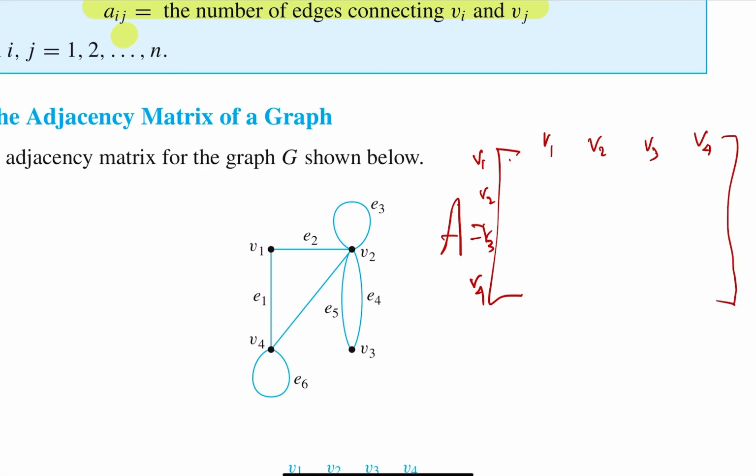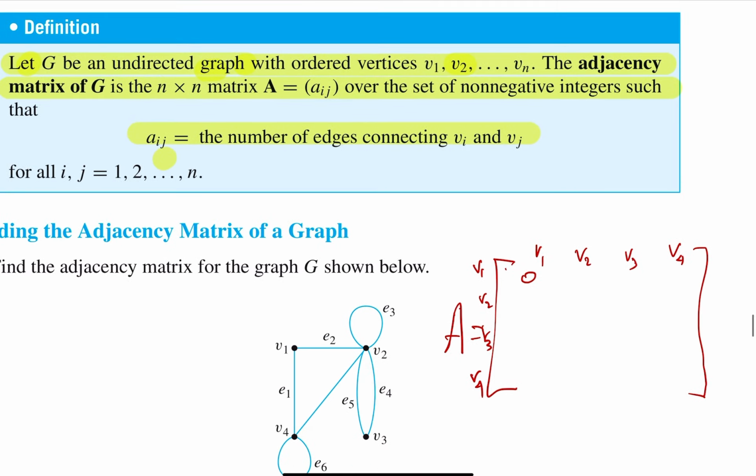Now, V1 is a loop. At V1, we don't have a loop, 0. V1, V2, we don't have a direction here. See, now we are dealing with the undirected graph. There is no direction from V1 to V2, so the direction can go both sides, and there is only one edge, which is adjacent, by the way, and we can just write down 1 here.